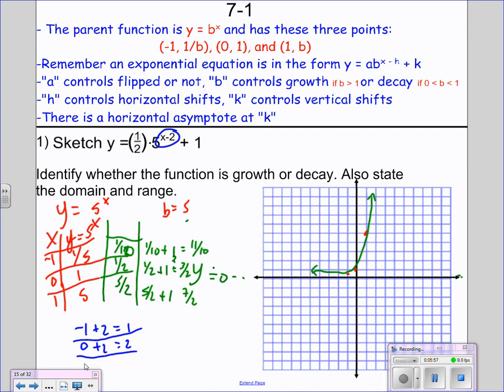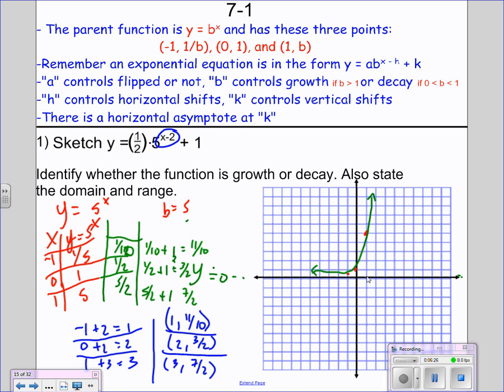And then 1 plus 2 is 3. So my new coordinates are 1 and 11/10, 2 and 3/2, and then 3 with 7/2. I should have done the x's first. I'm sorry, guys. But we still got it done.